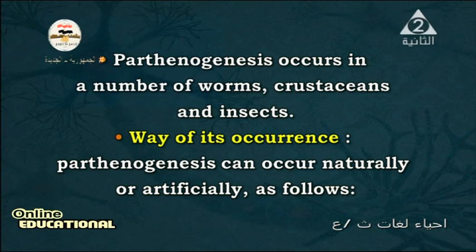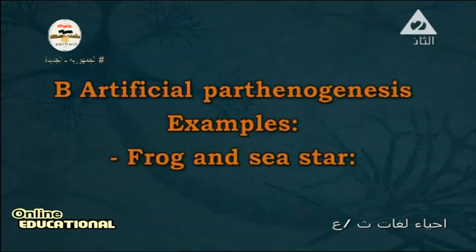How can this occur? Ways of its occurrence: parthenogenesis can occur naturally or artificially. Example of artificial parthenogenesis: the frog and the sea star.